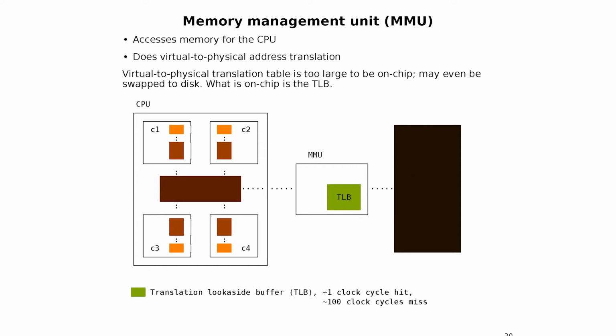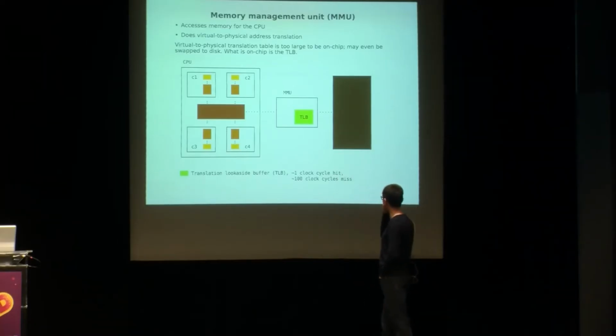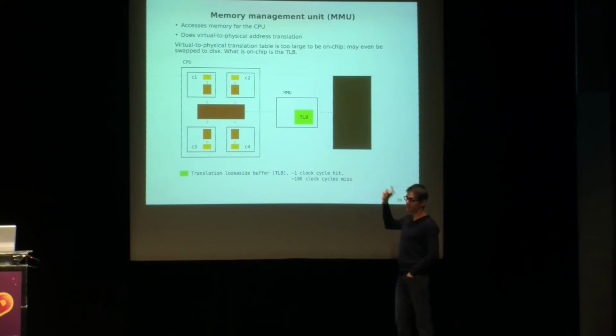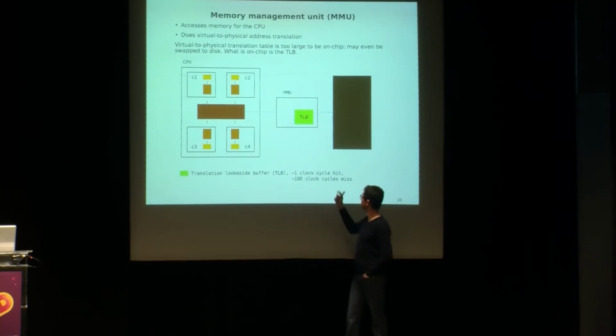This virtual to physical address translation is a huge table which cannot fit in memory itself, which may be paged to disk itself. So some part of it that can fit on this device is the TLB, translation look-aside buffer, which is extremely fast. If the address translation fits in the TLB, it's just 1 clock cycle. If it's not there, it's 100 clock cycle cost.